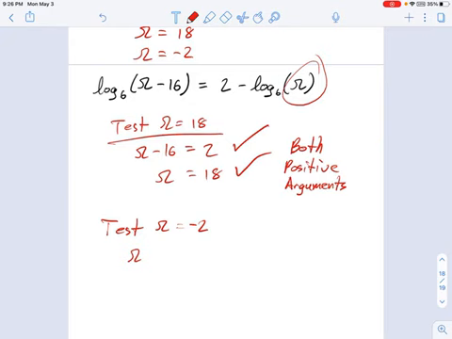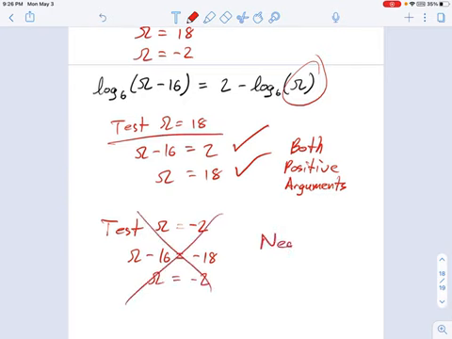So now, what do we have? Omega minus 16, well, that's really negative. And obviously, omega by itself is also negative 2. So this whole thing's not going to work. Those are negative arguments. And if you remember some of the rules of logarithms, you cannot have negative arguments in a logarithm.